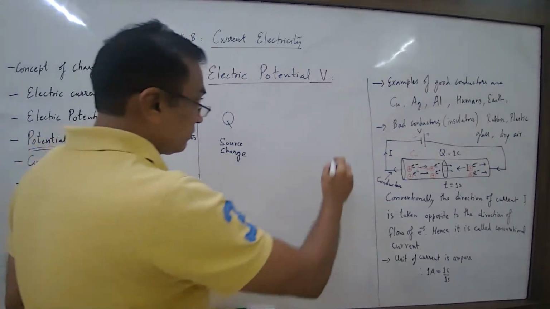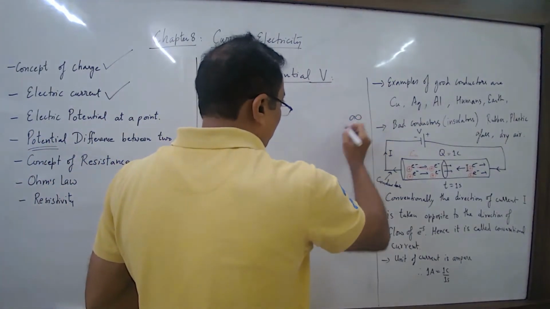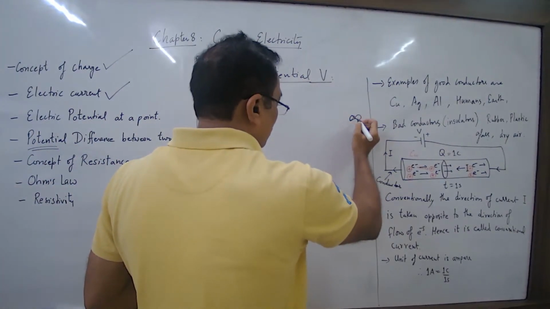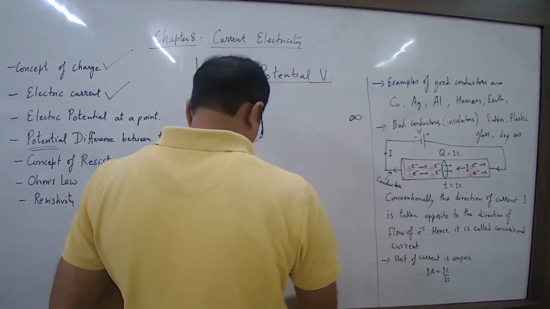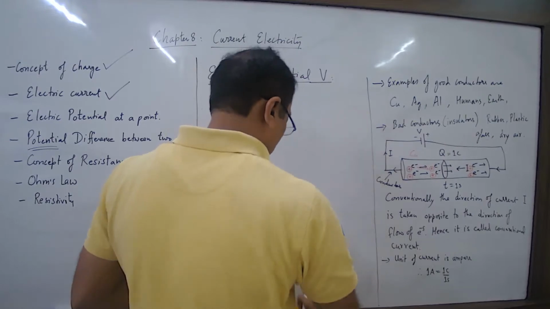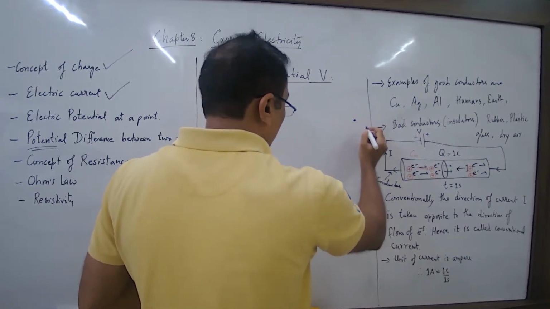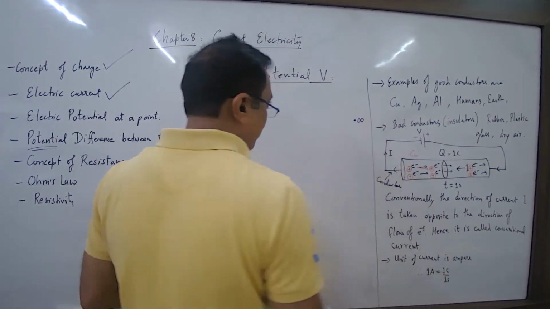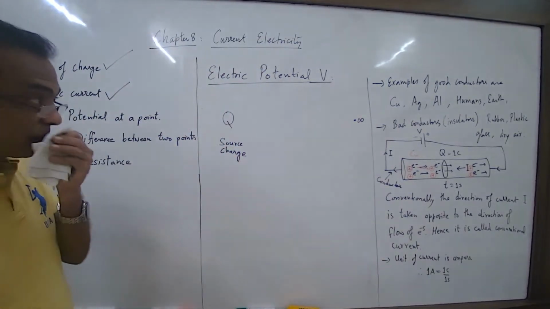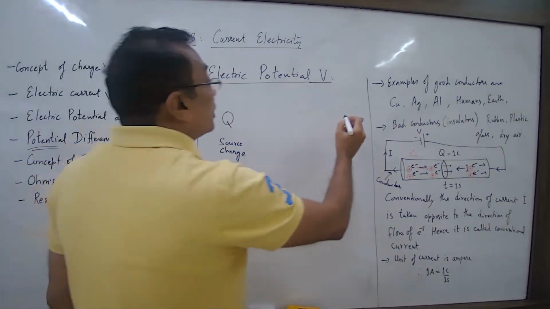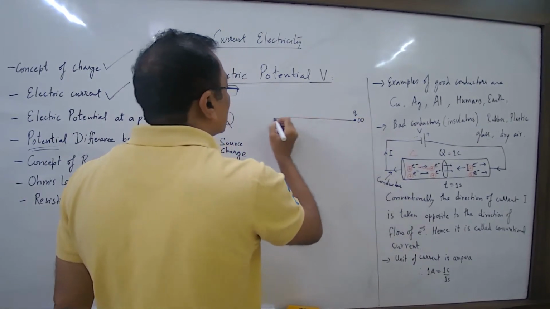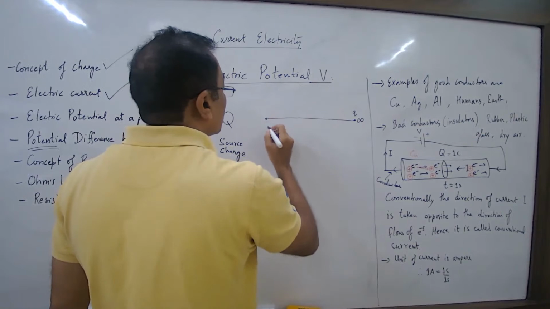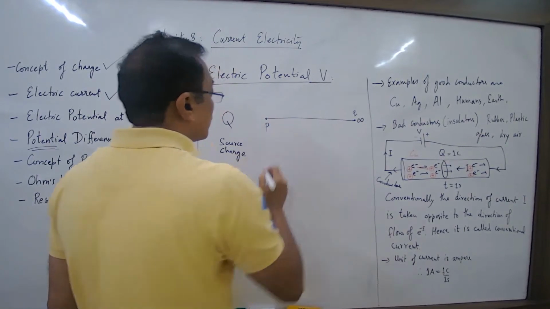Now let us say at a far away distance, which we are calling infinity, there is this point P, which is at infinity. We are now bringing one charge from here to this point, let us say.